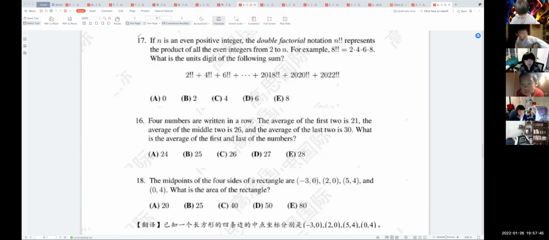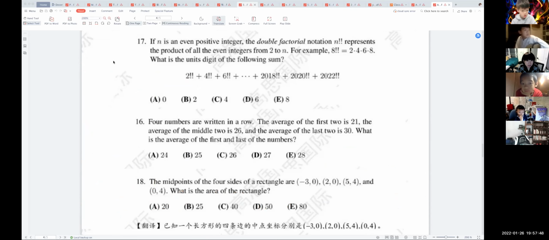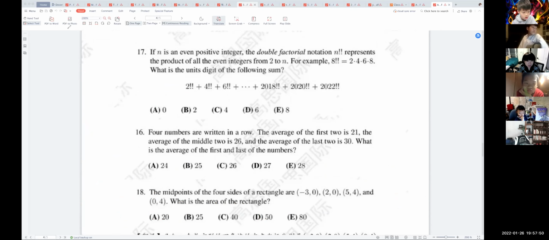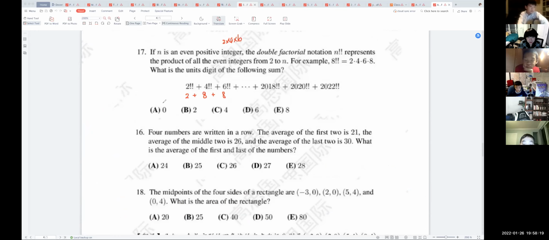Okay? So let's take a look at number 17. 17 is very easy. If n is an even positive integer, the double factorial notation n represents the product of the even integers from 2 to n. For example, 8 double factorial equals 2 times 4 times 6 times 8. What is the unit digit of the following sum? So the first one is 2, right? Plus 2 times 4 equals 8, plus 2 times 4 times 6, so 48. We don't have to really calculate the bigger numbers, just the last digit.